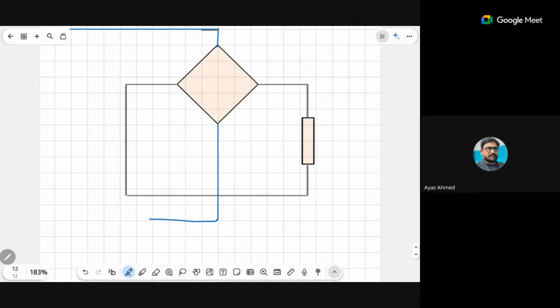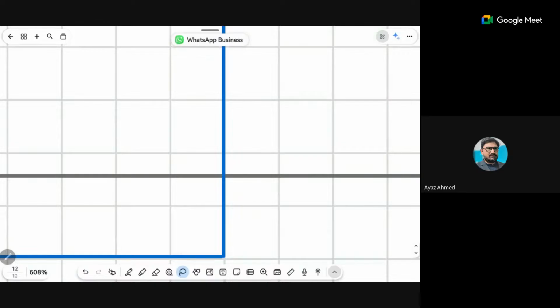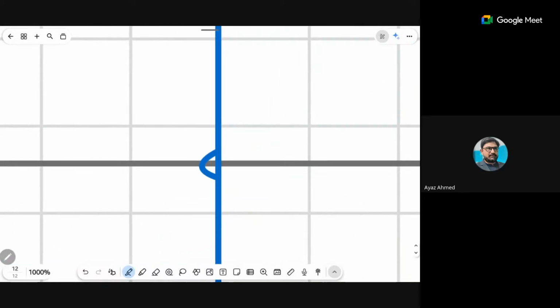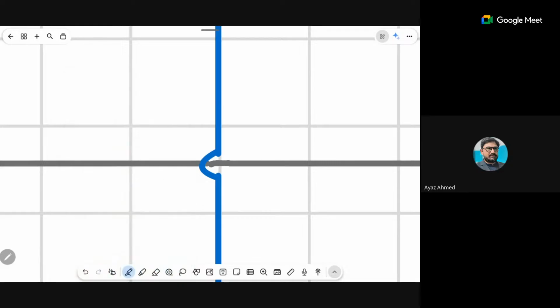So this input terminal is bypassed. Do you understand bypass? That is not a junction. This is a bypass junction. So bypass means, just like this, it will not be connected with this one. You got my point?